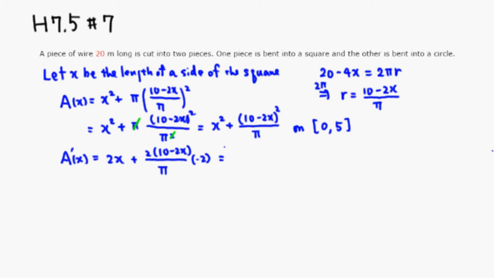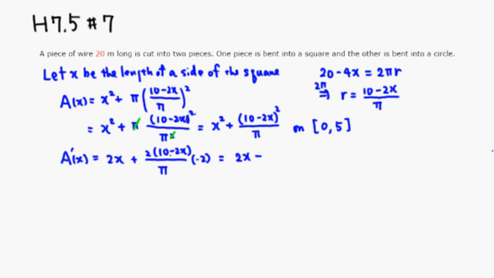This is going to be 2x plus, actually minus 2 times 2, 4.